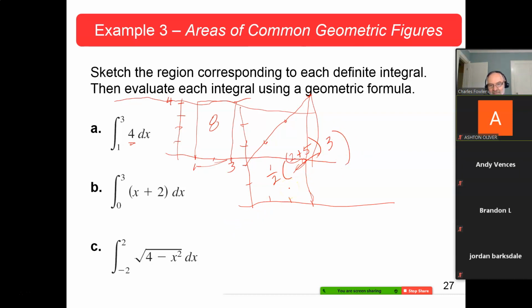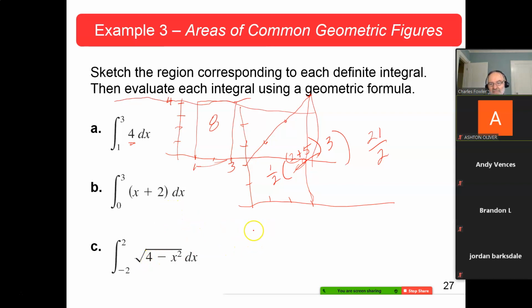Now, I meant to put the 2 plus 5 over 2, but that's what the half is out there for. So this is 7 times 3 is 21 halves, which is a perfectly good answer, 10.5. That would be the area of this one.